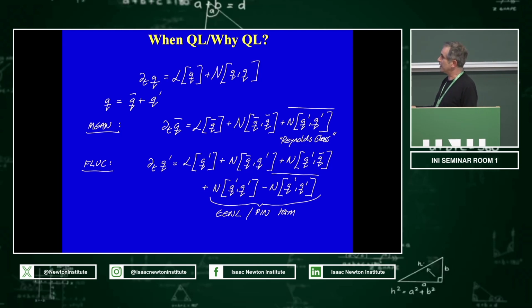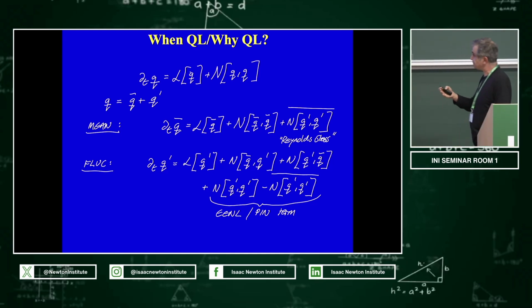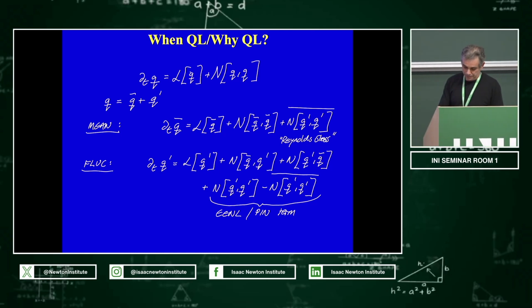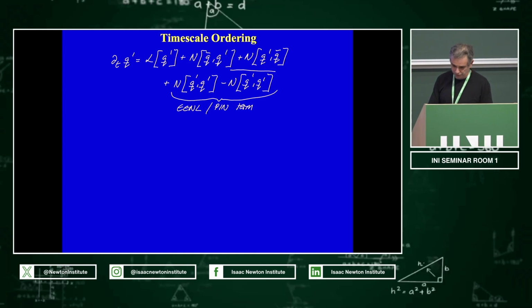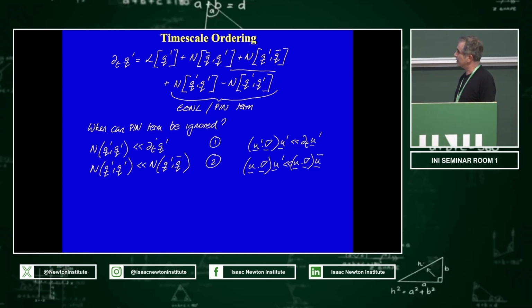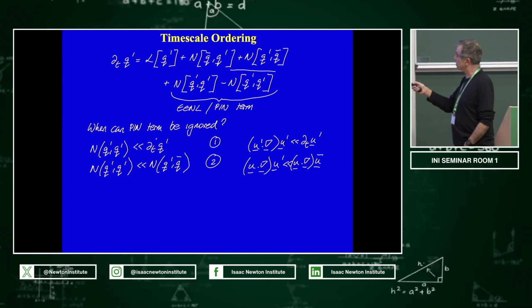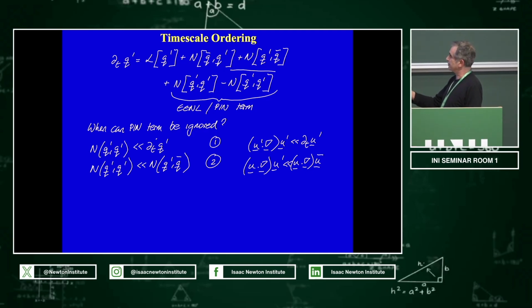So you can see straight away that if I compare this term to some of the other terms, I'm going to get some situations where I can neglect this term. So let me just show that again. This is just the same equation, and imagine we have the nonlinear term being the term in the Navier-Stokes equation, the u dot grad u term. If the fluctuation interaction is small compared with the rate of change of the fluctuations, in our Navier-Stokes example it would look like this.